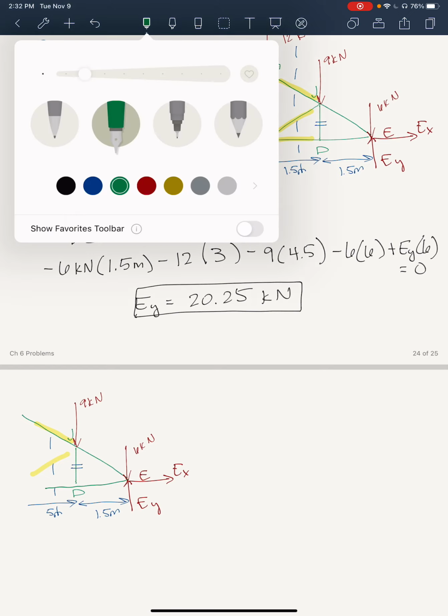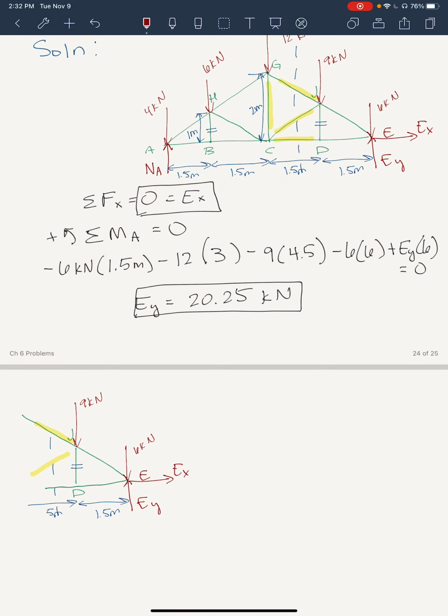Basically, we have a force here, which would be GJ, a force here, which is CJ, and then a force here, which is CD. And EX equals 0, and EY equals the 20.25 kilonewtons. Now we have 3 unknowns, and we have 3 equations of equilibrium. So we can sum the forces in the x direction, the y direction, and sum the moments about a point.